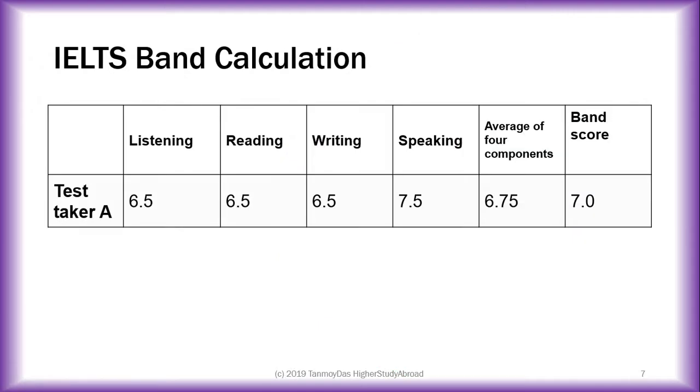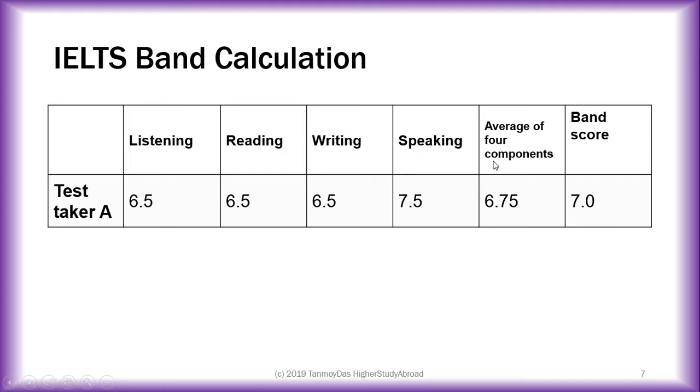Now, let me show you the band calculation. Let's say I'm getting 8 in IELTS. How is that 8 calculated? So here is one example. Test taker A is getting 6.5 in IELTS listening, reading and writing and 7.5 in speaking.